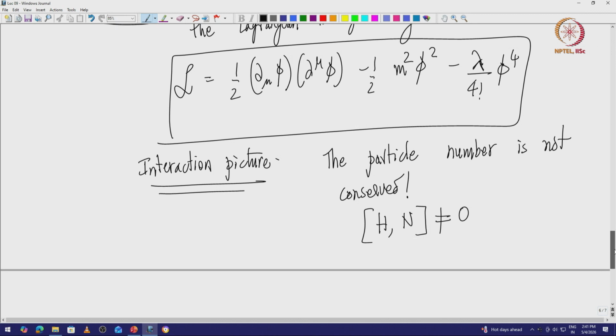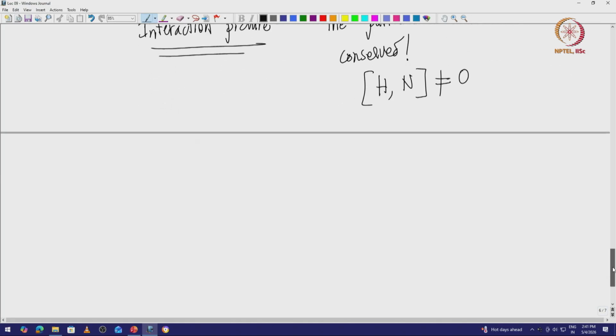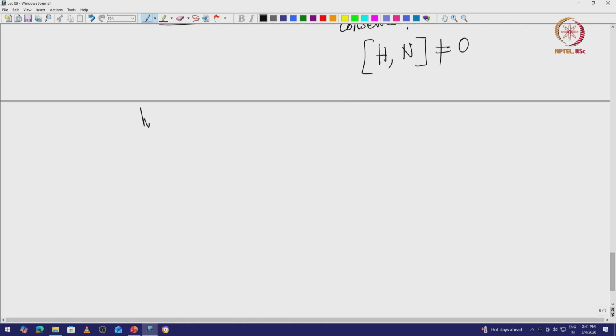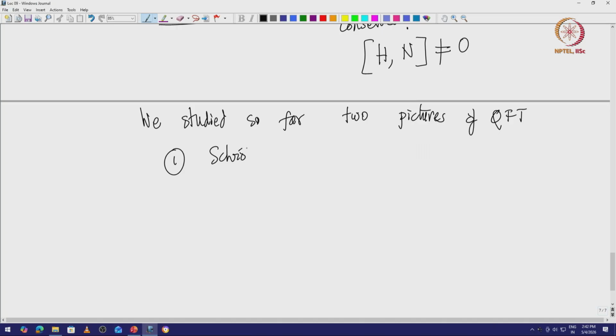Now, given this phi-4 theory, we need to do something called an interaction picture. We have studied so far two pictures of QFT. One is the Schrodinger picture and the other is the Heisenberg picture.